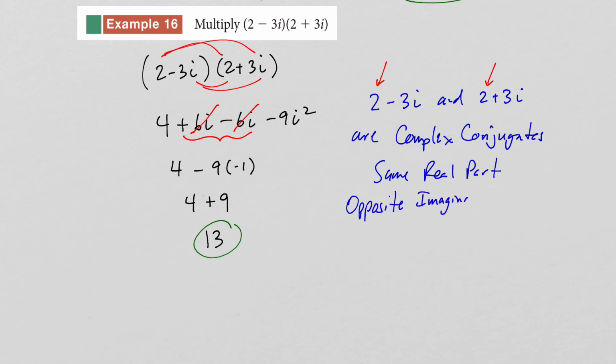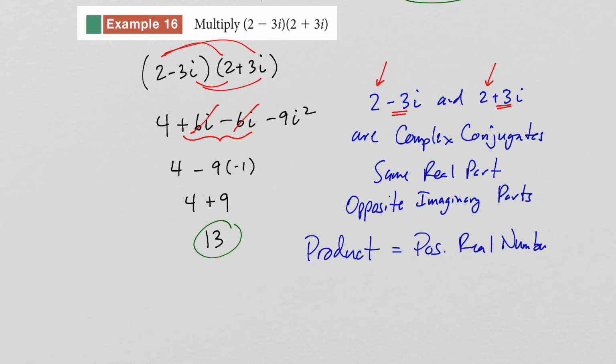So you can see the imaginary part of the first complex number is negative 3, and the imaginary part of the second one is positive 3. And when you multiply complex conjugates, the product of these complex conjugates is always a positive real number. Like you see that we got here, we got positive 13.